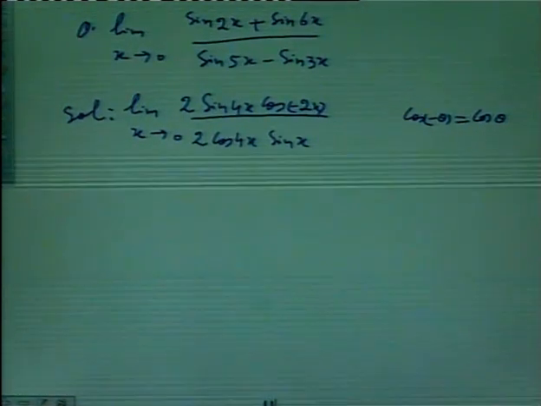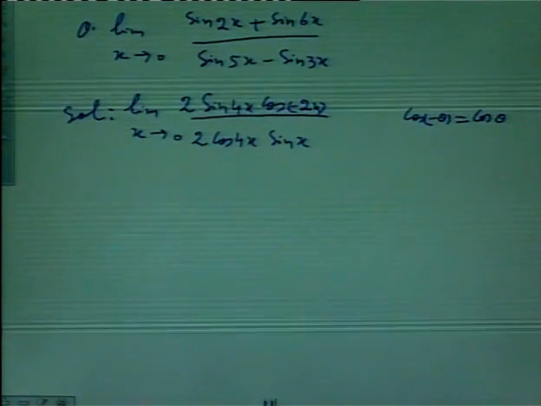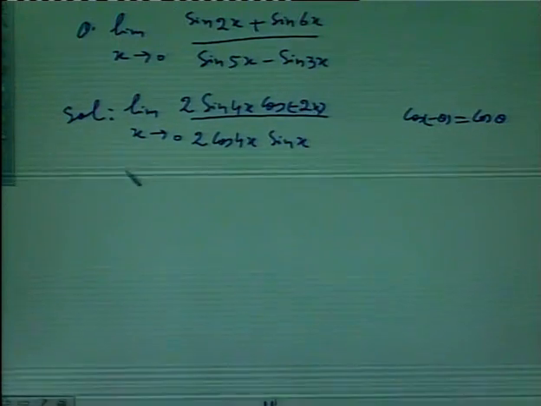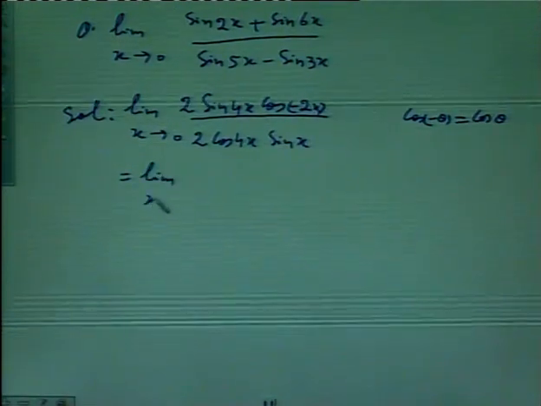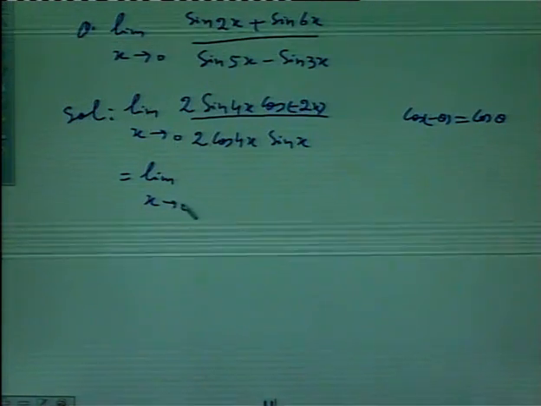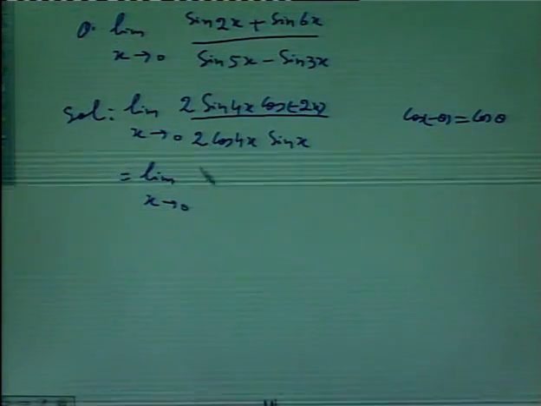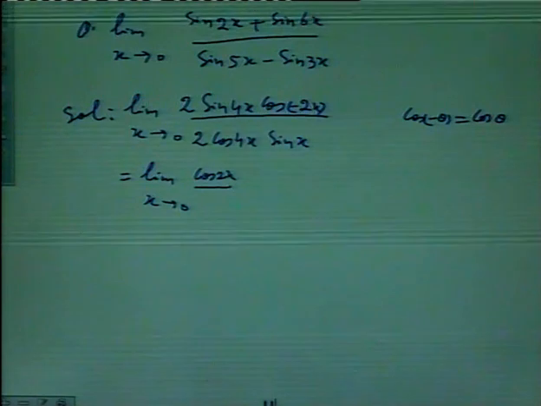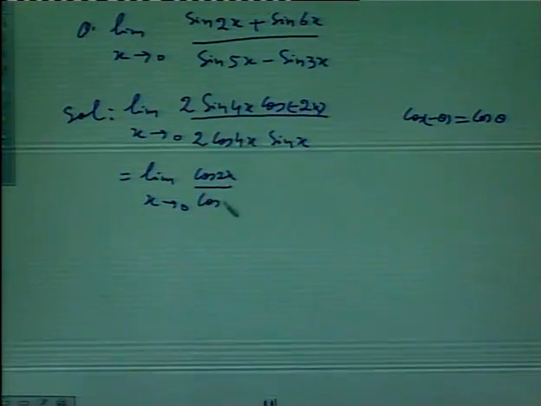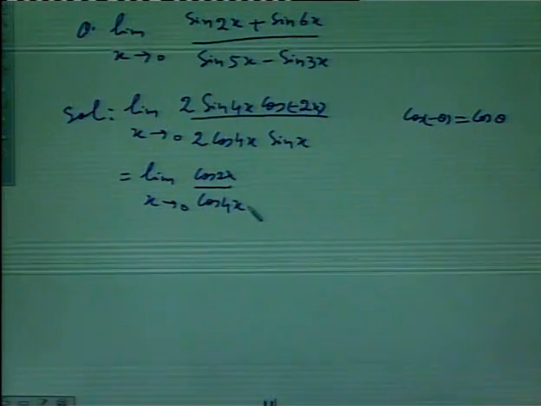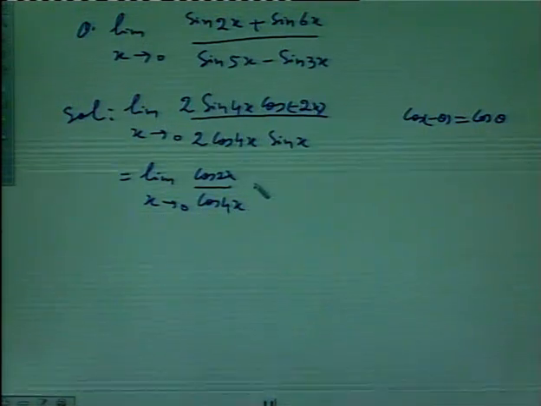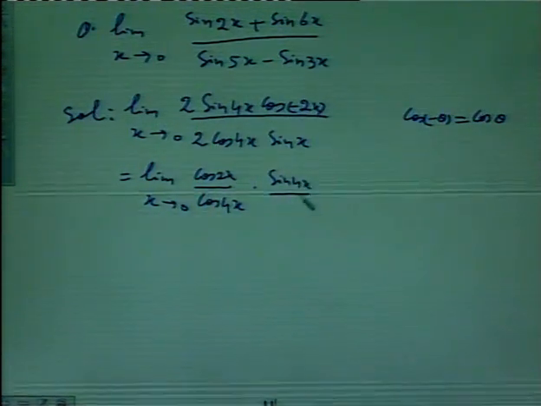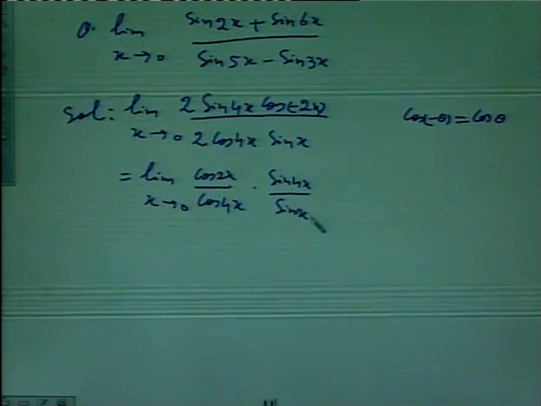So, this becomes cos 2x, limit x tends to 0, 2 is cancelling with 2, cos 2x, as cos of minus theta is cos theta, upon cos 4x, is equal to, and sin 4x upon sin x.